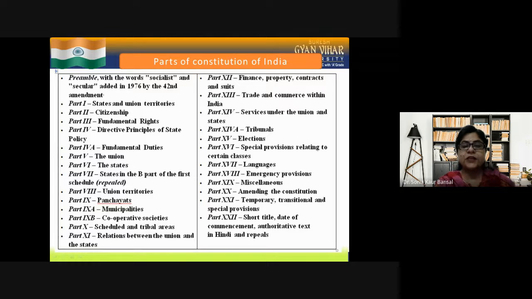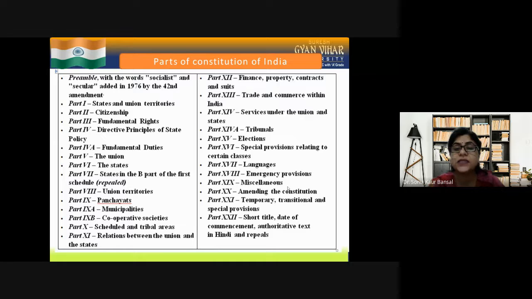Part 16 is related to special provisions relating to certain classes. Part 17 is related to languages. Part 18 is related to emergency provisions. Part 19 is related to miscellaneous provisions. Part 20 is related to amending the constitution.